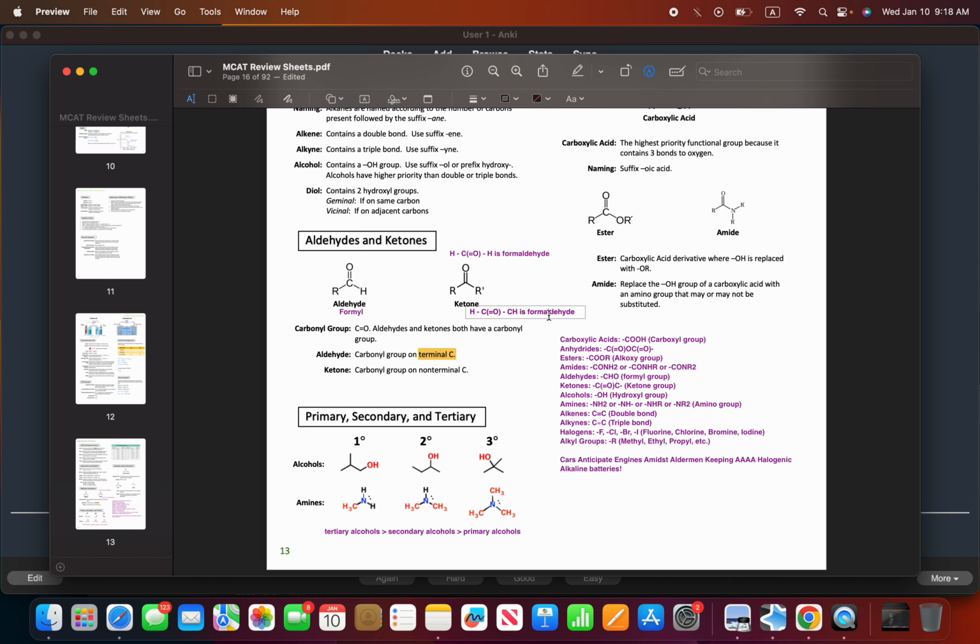CH3 here, and then R, acetyl. And how many do we have?